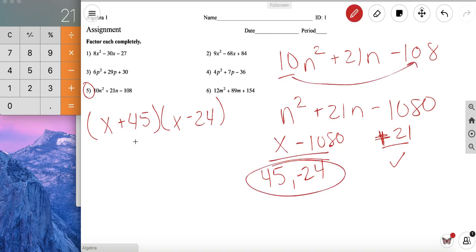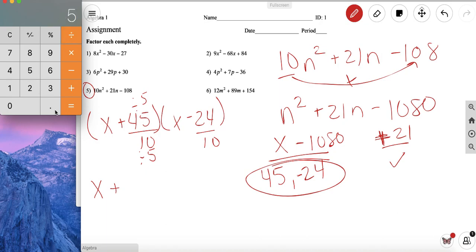And we don't need to erase. So we originally multiplied by 10, so now we need to divide by 10. This does not come out to be a nice whole number. 45 divided by 10 gives me 4.5. So we need to reduce. We're going to reduce by, let's say, dividing both sides by 5. So we're going to get x plus, just to check my math, 9 over 2.